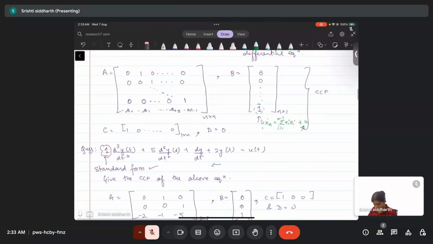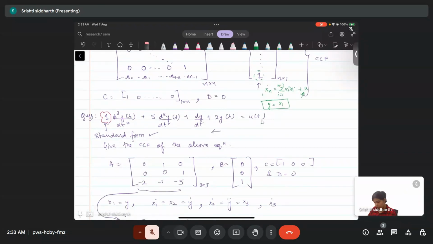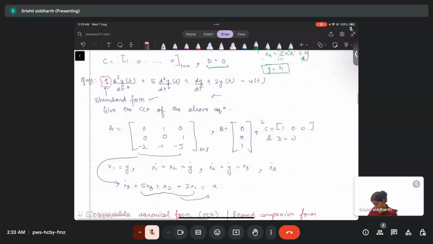And then for the CCF case, we take output as the first state. And there is no coupling between the input and output. So then we look at some basic examples. The standard form was one of the most important parts of this.